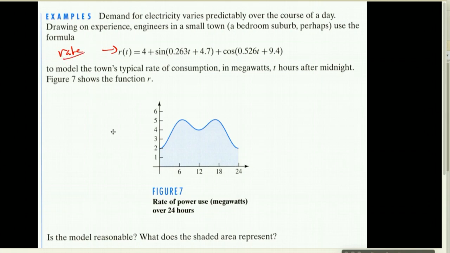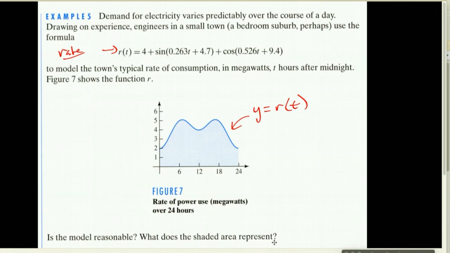It is how the usage of electricity is varying over the course of the day. And in this particular graph, y is equal to the demand on the electricity. y gets bigger as the demand goes up, and y gets smaller when the demand goes down. And the two questions are, is the model reasonable, and what does the shaded area represent?